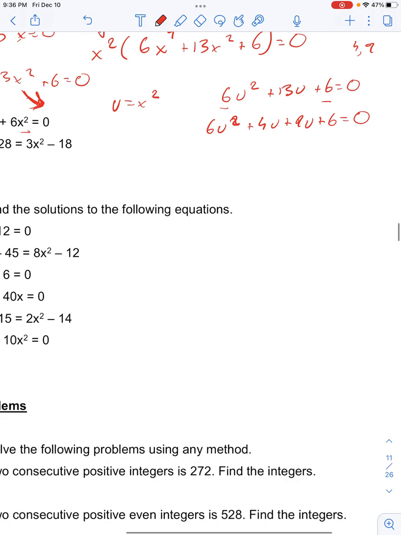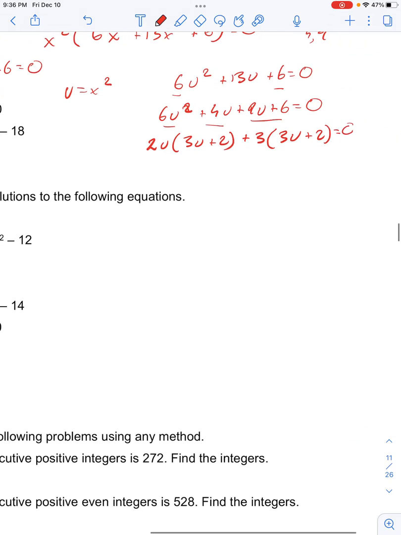If I group my terms, I can pull out a 2u from the first two, leaving 3u plus 2, plus factor out a 3 here, leaving 3u plus 2. So then I have (2u plus 3) times (3u plus 2) equals 0.